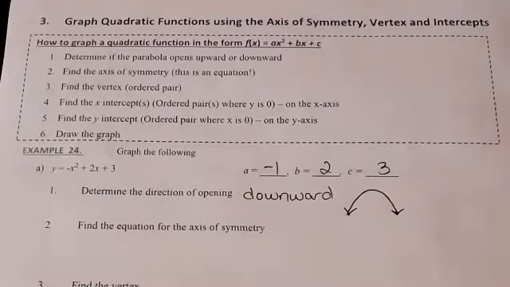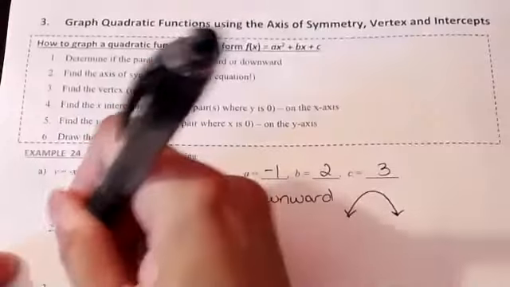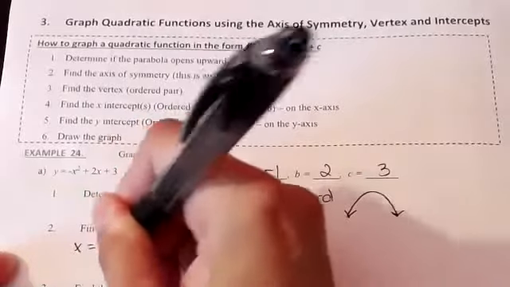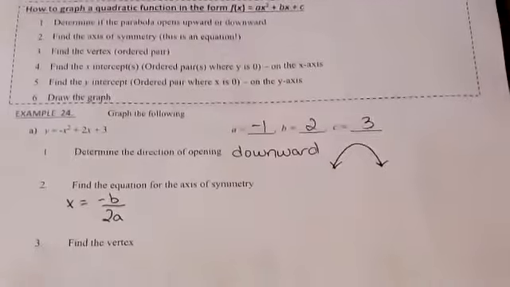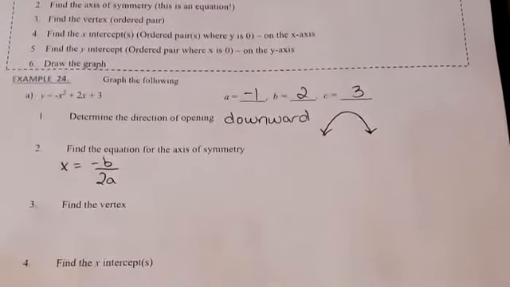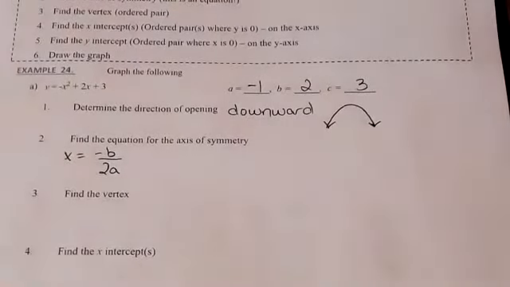Next, we want to find the equation for the axis of symmetry. As a reminder, your equation is x is equal to negative b over 2a. It is not enough to simply write negative b over 2a. Please don't do it. You must have x equals in front. So we're going to plug in our values.